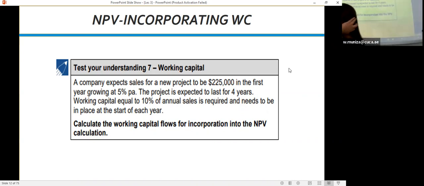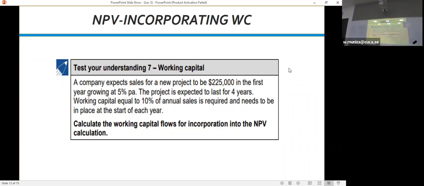Yes, 1.05 raised to 2. What's your answer? Let me compare quickly. I got 248; what he got in the third year, I got in the second year. It's 236,250. Yes, but 22,500, right? No, dear, no.